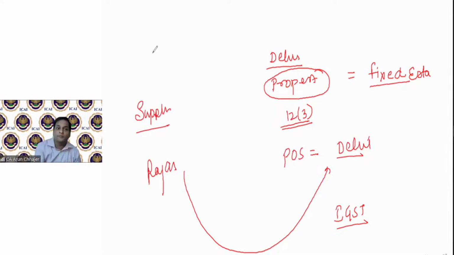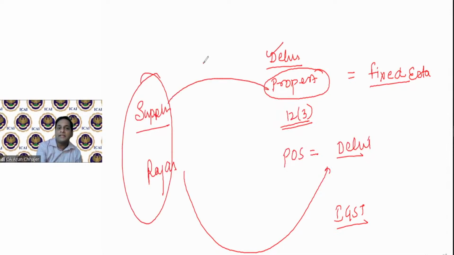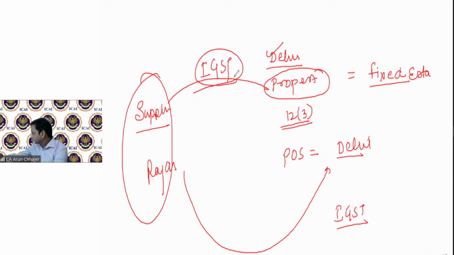And therefore, I am not required to register in Delhi. I can simply raise an IGST invoice. I hope it is clear. Once again, please confirm, is it clear?